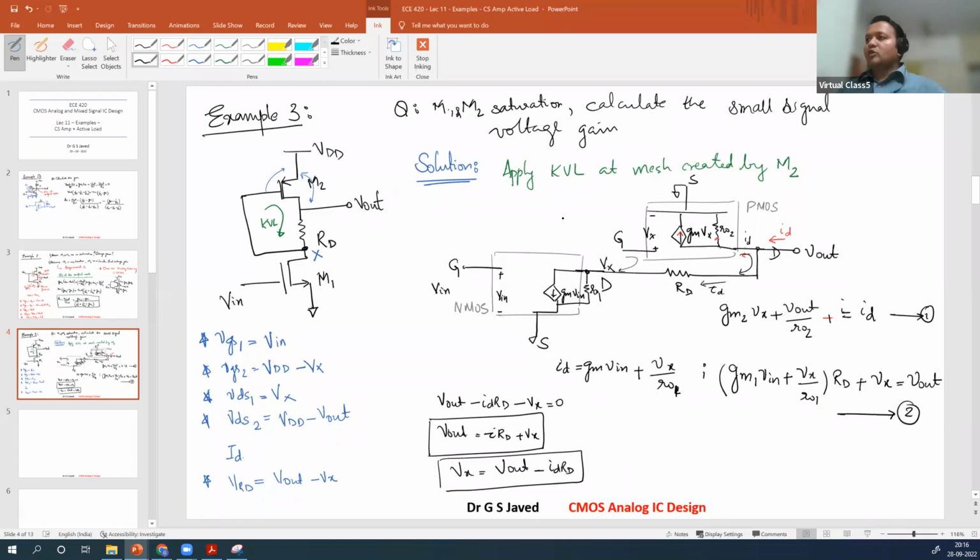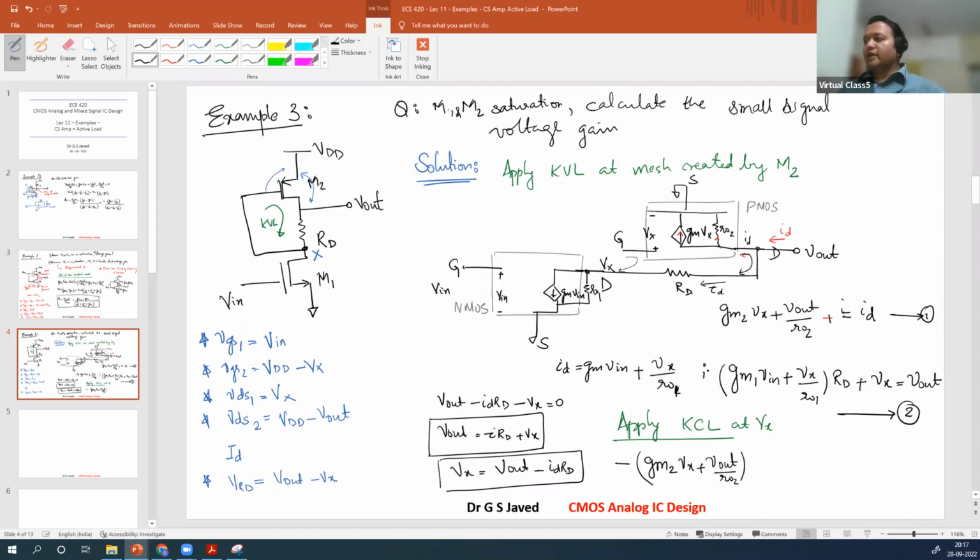Second one. Finally, what you do is you apply KCL. Where do you apply KCL? Apply KCL at Vx. What do you get? The current, right? Minus gm2 Vx, this current, plus V out by RO2.